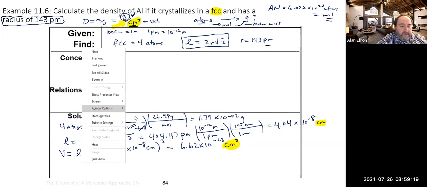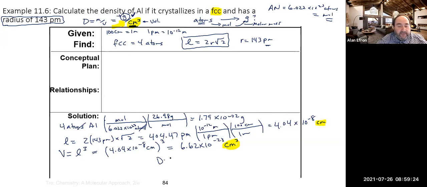We calculated the mass. What's left is to actually put it into the density equation, which is our mass divided by volume. Our mass being 1.79 times 10 to the minus 22 grams, I believe, divided by 6.62 times 10 to the minus 23 cubic centimeters. Dividing those out gets us 2.71.